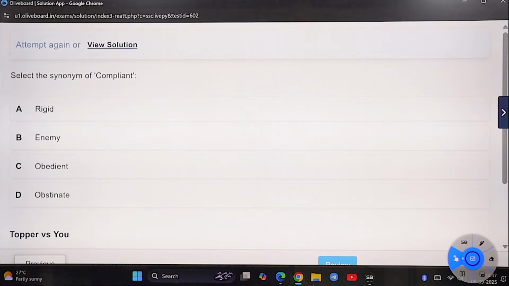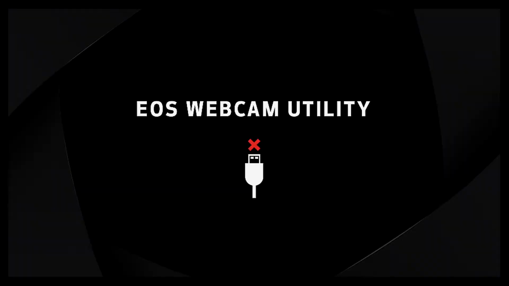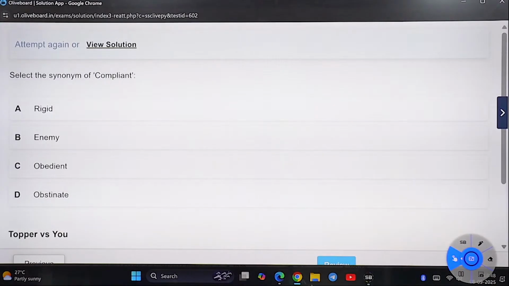Let me change the battery. Wait a sec. That was a good test. So the session went on for more than 45 minutes, which usually doesn't.